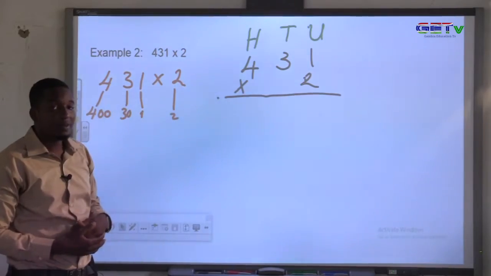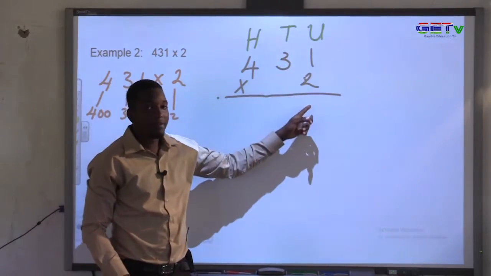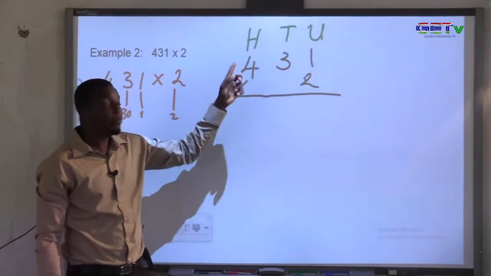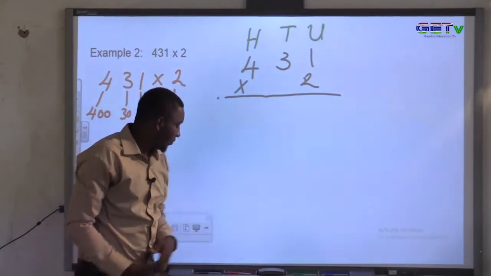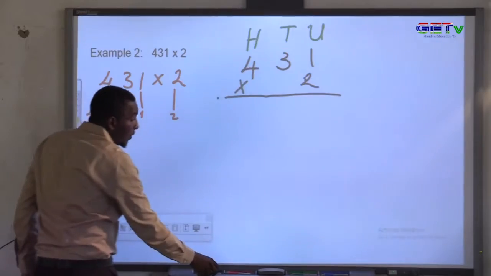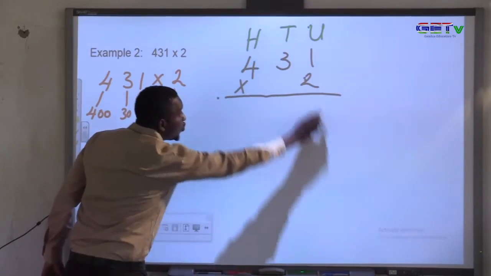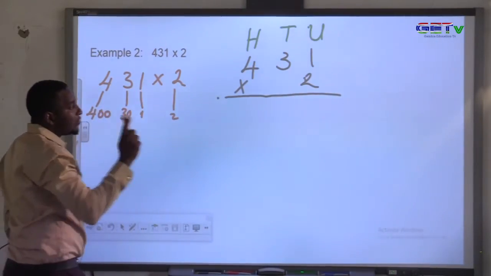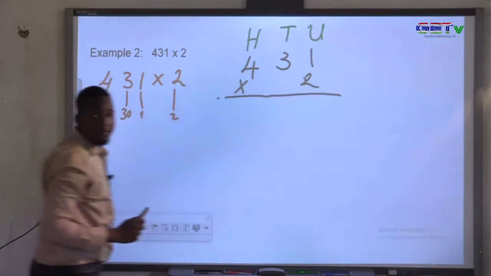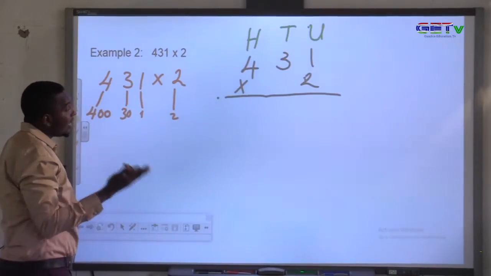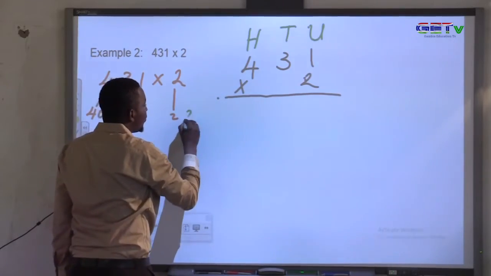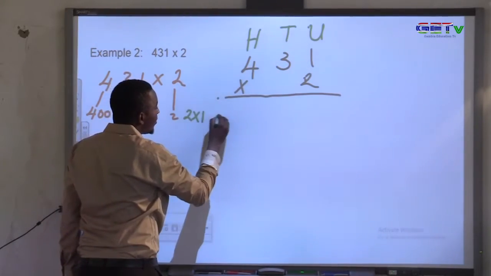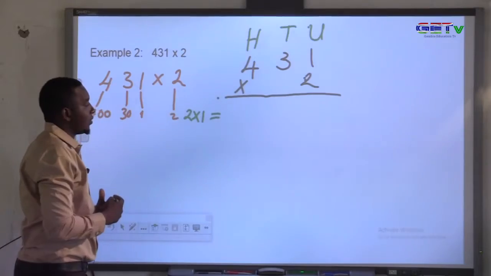That is to say, we are going to start multiplying from the unit column, then move to the 10th column, and finally to the 100 column. So we are going to multiply 2 by the value of 1. We said the value of 1 is just 1. So we're going to have 2 times 1 is equal to.